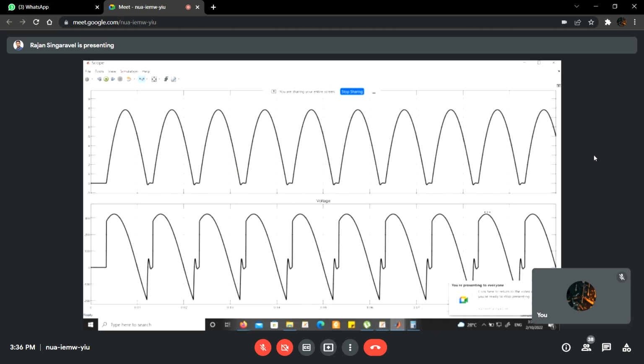Here. Yes. This is because of the sudden change in the VR, because the current is flowing, but suddenly it is stopped, right? It is suddenly stopped, and because of that, L into dI by dt, because of those circuit parameters, a small spike is appearing across the load terminal. That's all.